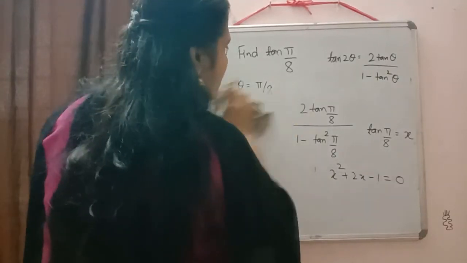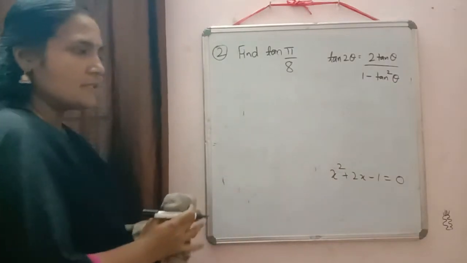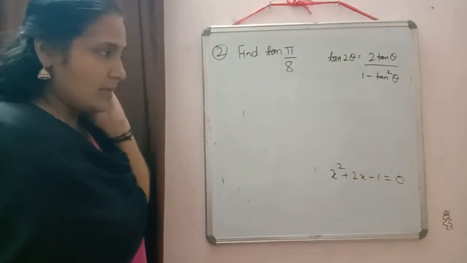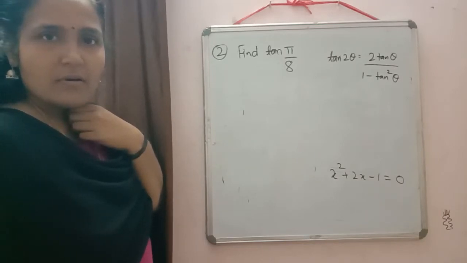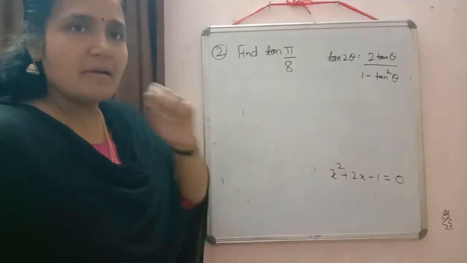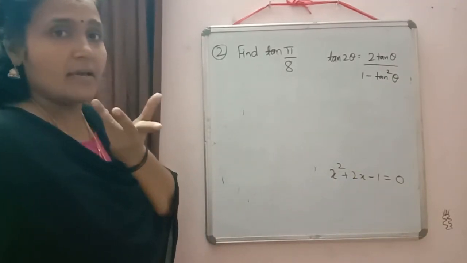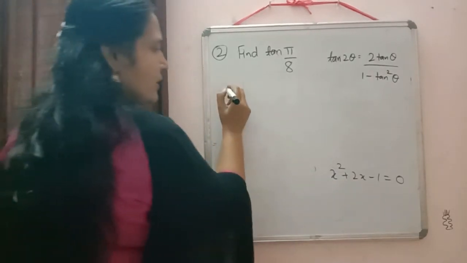Now we know how to solve the quadratic equation. Either you can use factorization or you can use the quadratic formula. So what can we do? Can we do factorization? Not possible, because we need product minus 1. Only 1 and 1 will come, but here the sum is negative. So we can use the quadratic formula.